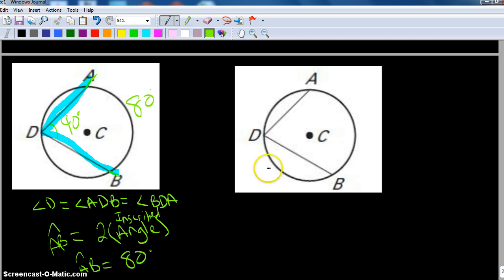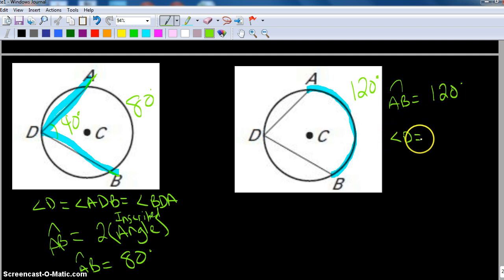And vice versa. Let's say from here to here, from A to B is, I don't know, 120 degrees. That's the outside arc. So the outside arc AB is 120 degrees. Angle D is question mark.